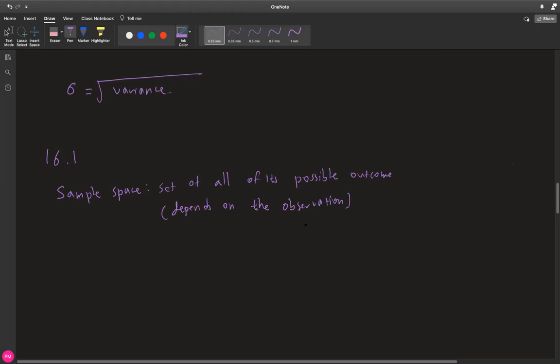But in other words, if you are more interested in the number of heads that came up, then you are counting either 0 or 1, things like that. And simply the event is a subset of the sample space.